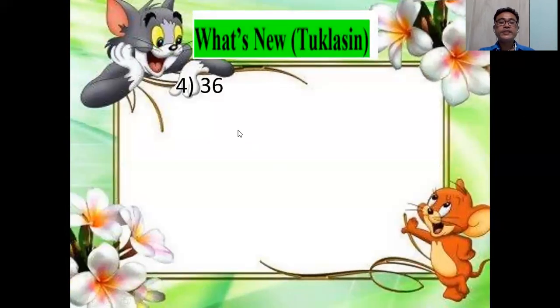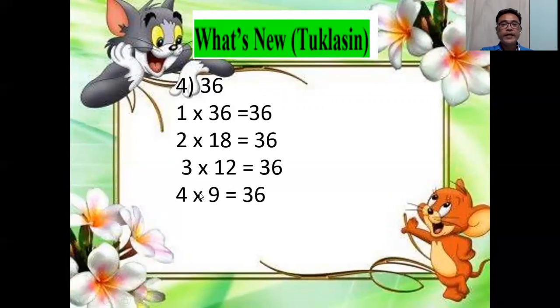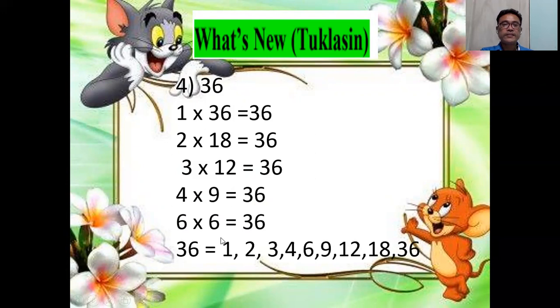Number 4, 36. We have 1 times 36 equals 36. 2 times 18 equals 36. 3 times 12 equals 36. 4 times 9 equals 36. 6 times 6 equals 36.